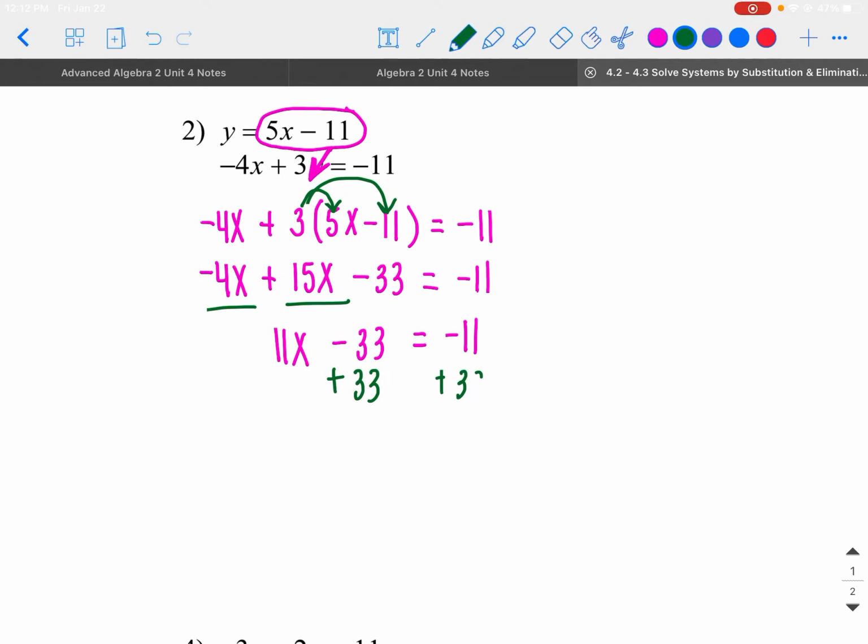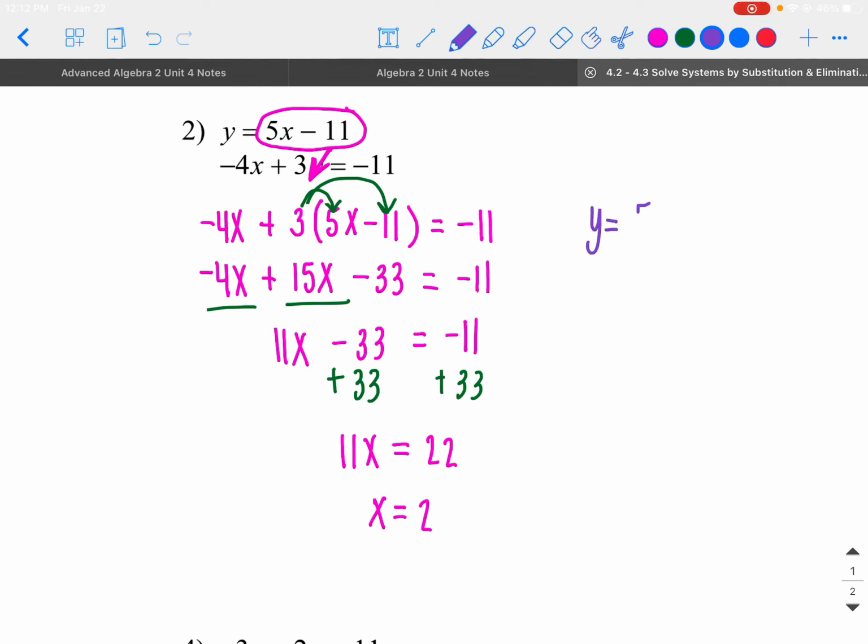And then I can add 33 to both sides to get 11x equals 22. And then dividing by 11 gives me x equals 2.